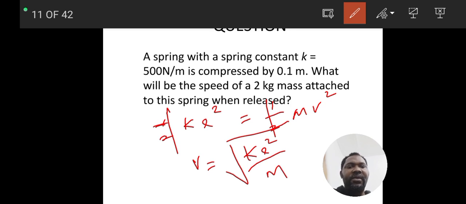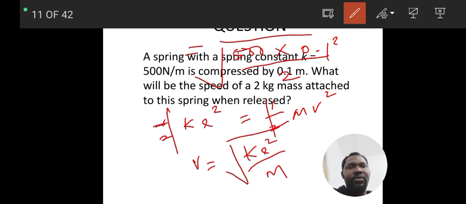So if we substitute the values, we are going to have K is 500 multiplied by 0.1 squared, then divided by the mass, which is 2.